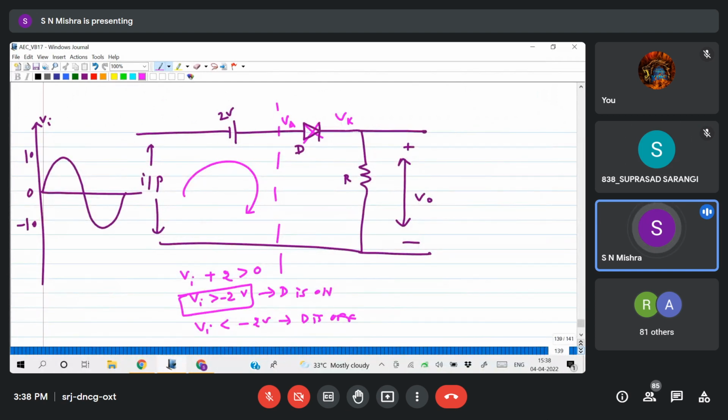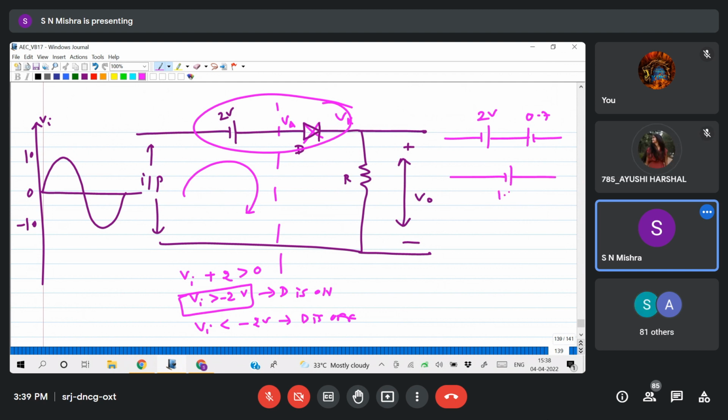Here also you can do like that. If I take this one, this is minus 2, this is 0.7. So effectively what I am getting? 1.3 minus.